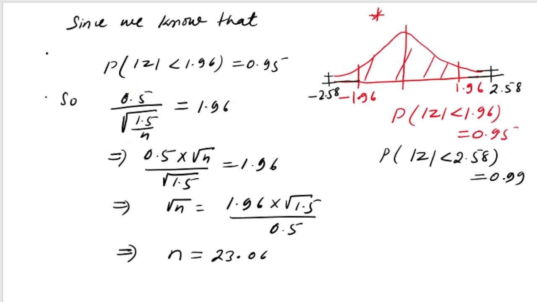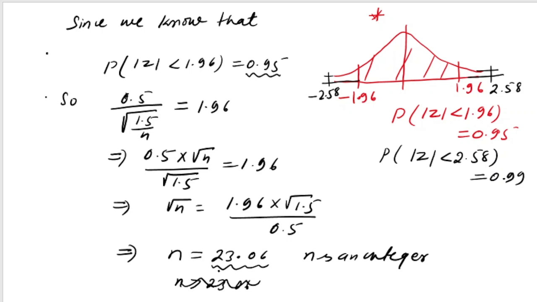So what size of sample should I take? The sample size cannot be taken as 23 point something, I want the probability to be at least 0.95. So certainly n should be greater than or equal to 23.06, and n is an integer, because you can't take 23 and a half samples, either you take 23 samples or 24 samples.